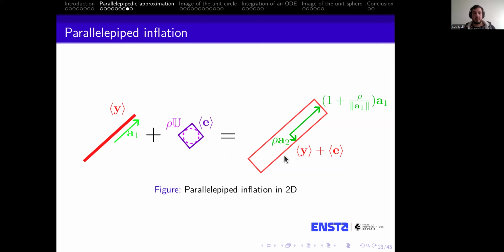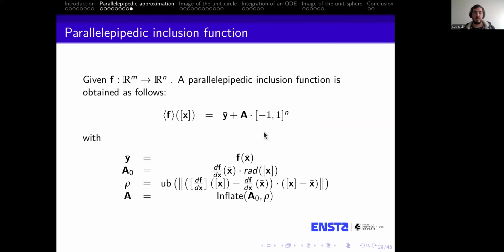So thanks to the corollary, I can characterize my parallelepipedic inclusion function as follows.